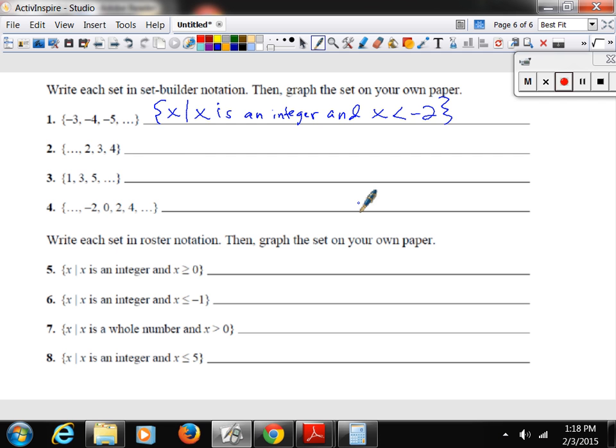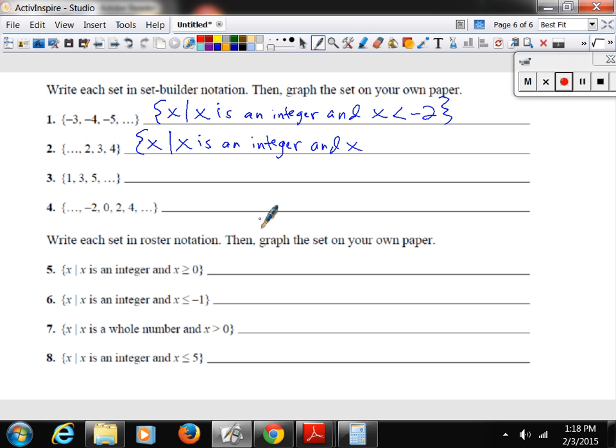This one we would have X such that X is an integer, and X is what? Greater than. Well, there you got it. What do you think? Anybody else think they got something?